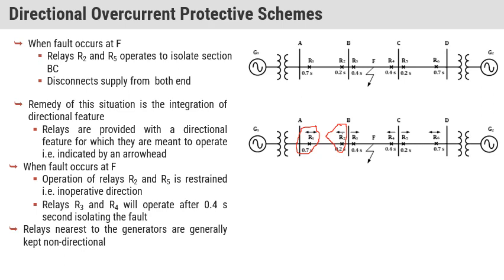If the fault is present in this direction, then only relay R2 will open. Similarly, R3 is a directional relay, R4 and R5 are also directional relays, and R6 is a non-directional relay.